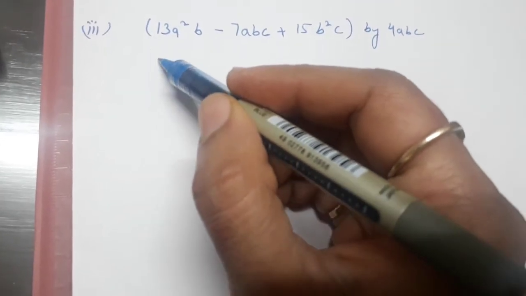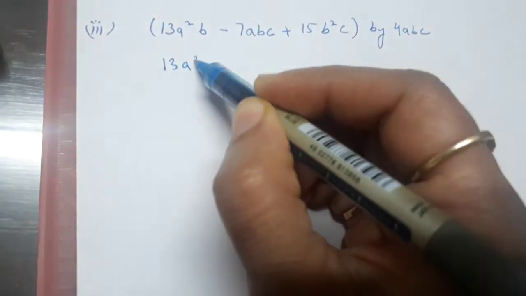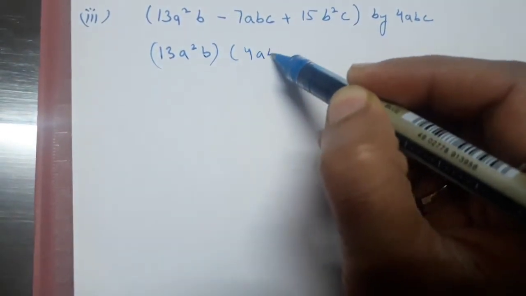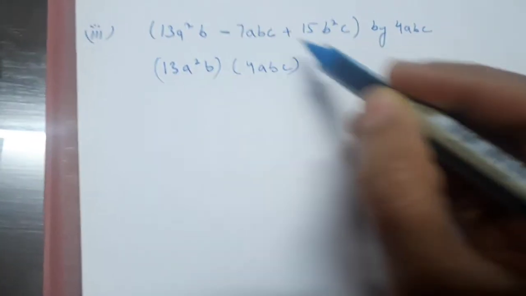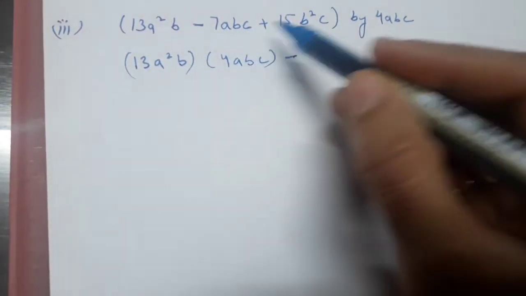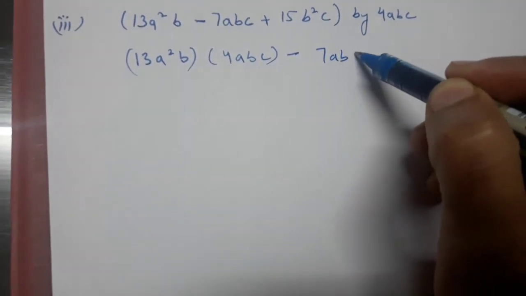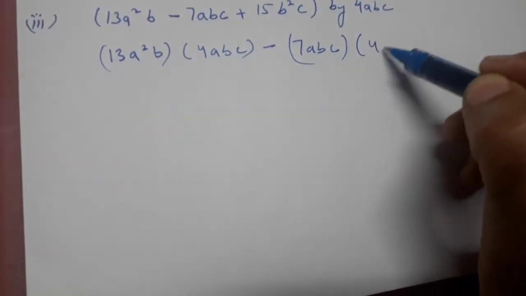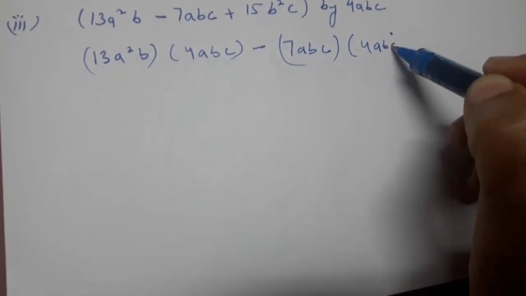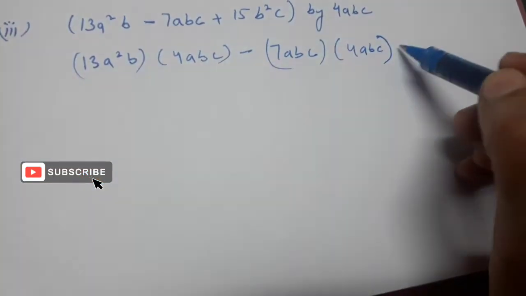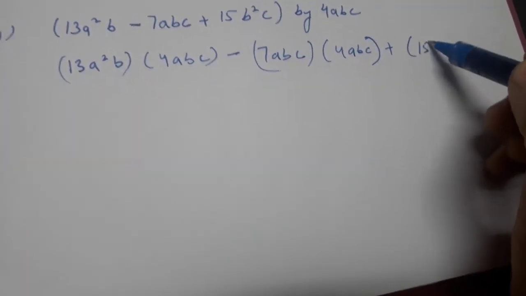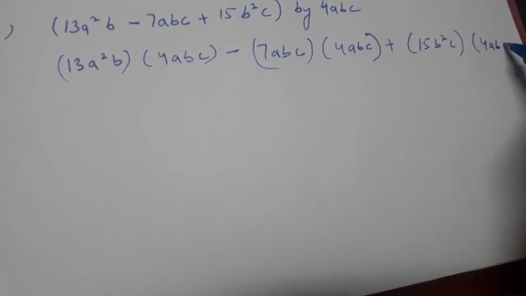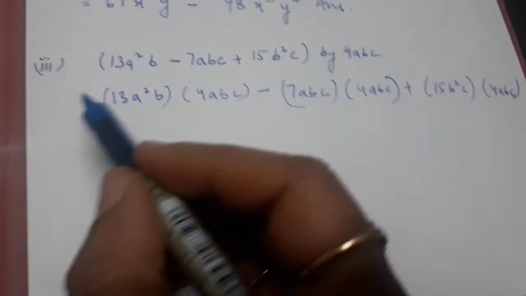We will write 13a square b and 4abc, minus sign here, so we will put minus here also, 7abc, 4abc again, then positive sign, 15b square c, 4abc.